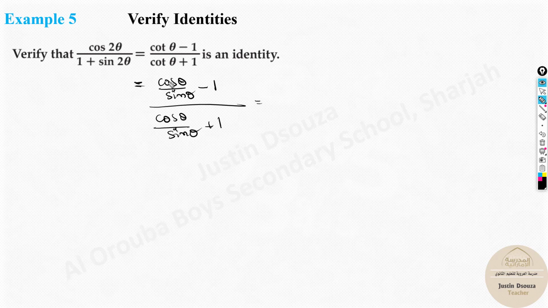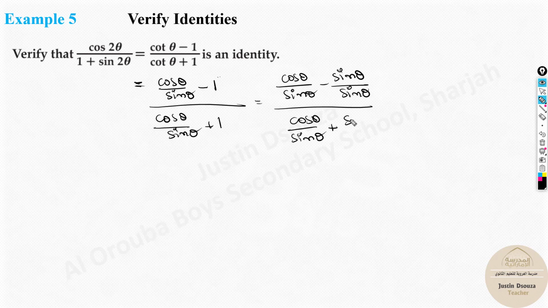Now if I take the LCM, the sine theta cancels off. Why? Let me show you. If I take the LCM, over here there's nothing, so you can basically do sine theta divided by sine theta. In the sense, this denominator is multiplied up and down here. It will be cos theta by sine theta minus sine theta, since 1 times sine theta is sine theta itself. Divide the entire thing by cos theta by sine theta plus, again multiplying by the denominator on the opposite side.